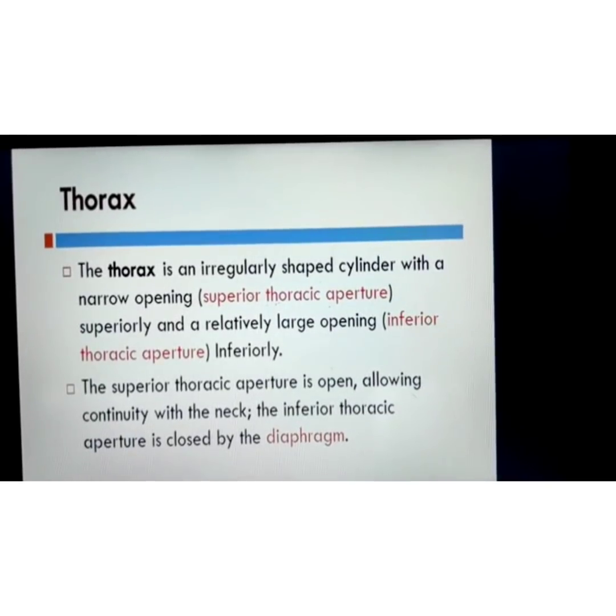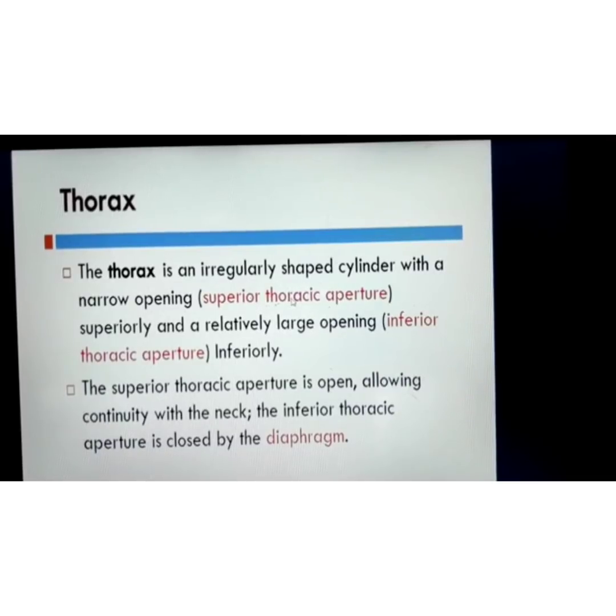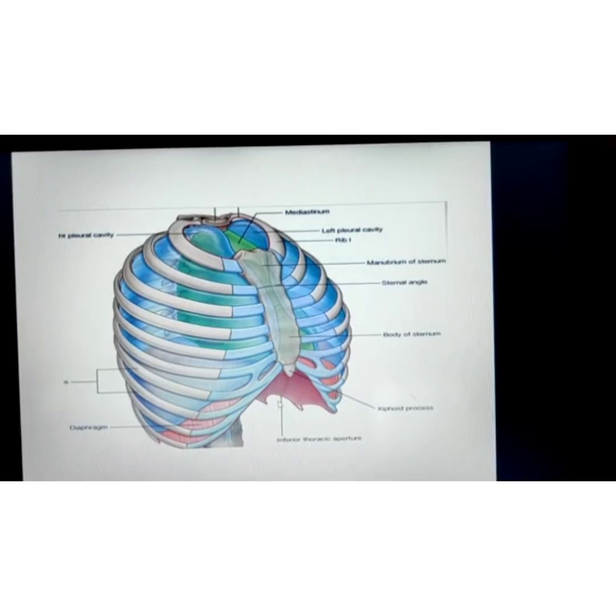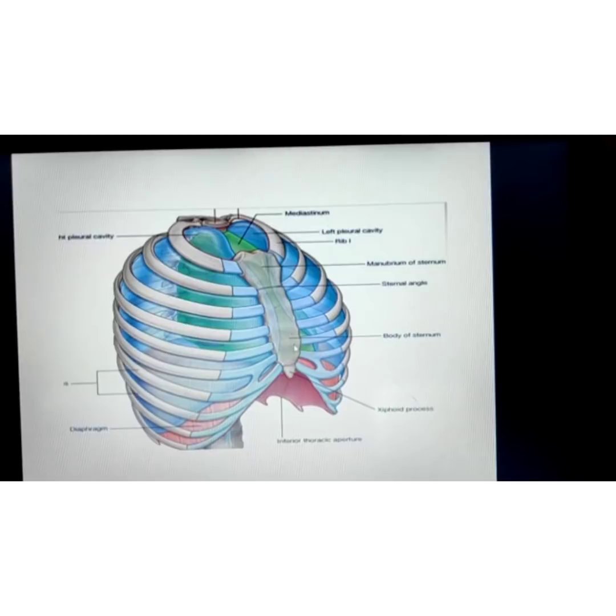Now, coming to the shape of the thorax, it has the shape of a truncated cone. It expands inferiorly to surround the upper part of the abdominal cavity, and it is flattened anteroposteriorly to fit the scapulae on its posterolateral aspect.